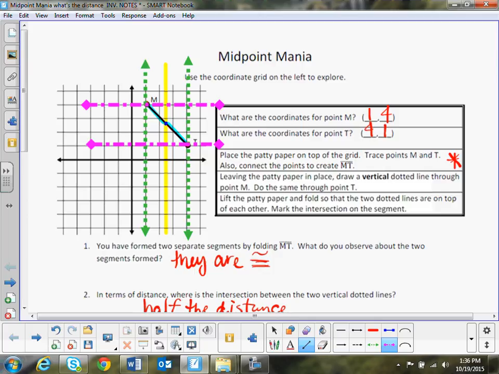Draw a horizontal line through M and through T, and do the same thing that you did. Fold the horizontal line right on top of the other line. And so your crease should be somewhat in the middle, like right there.